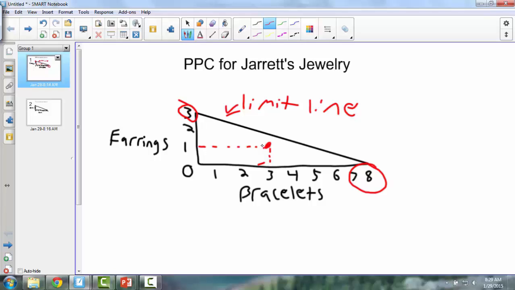If the limit line represents when all factors of production are being used efficiently, to their maximum abilities, then a production inside of my PPC, inside of the limit line, means that the factors of production are not being used efficiently, or they are being used inefficiently.